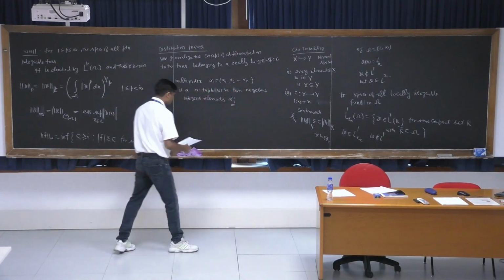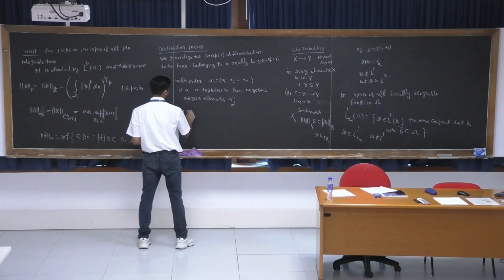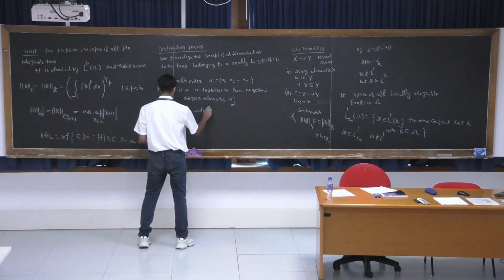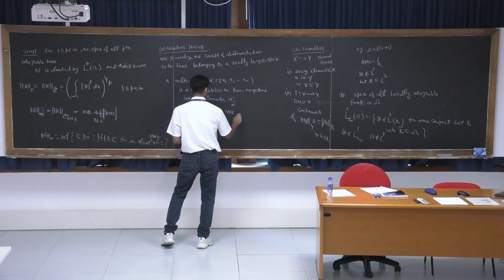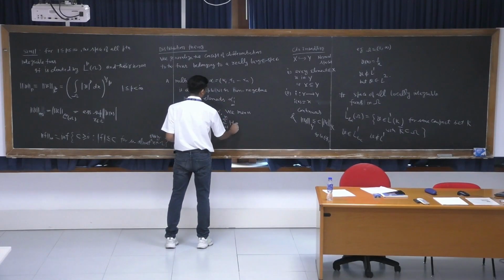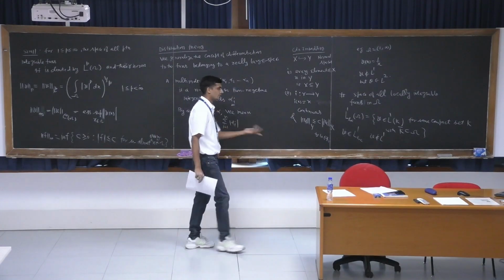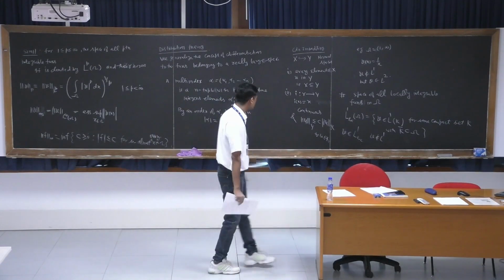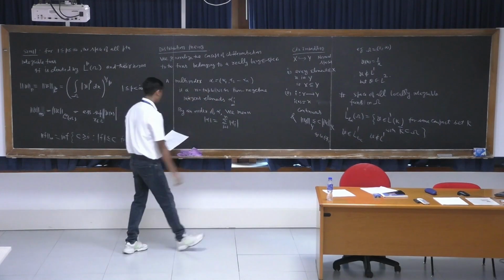By order of alpha, I mean modulus of alpha equals the summation for i equal to 1 to n of alpha i. You could take the modulus, but it is already non-negative, so there is no need for the modulus.